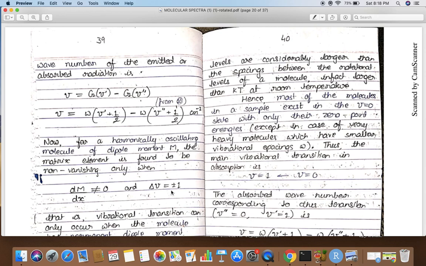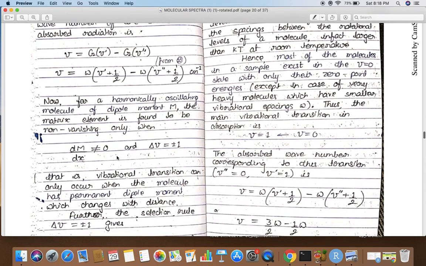That matrix element has to be non-zero, for a molecule having a permanent dipole moment. So this is the condition that the permanent dipole moment should not be zero. And then these are the allowed selection rules for the vibrational quantum numbers.